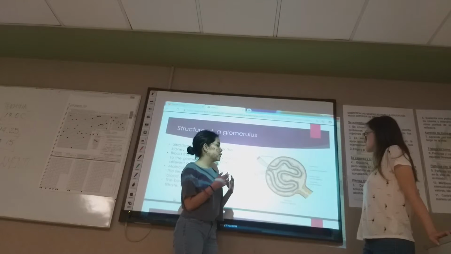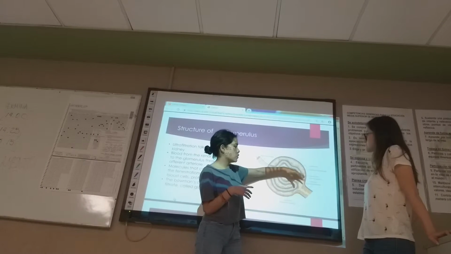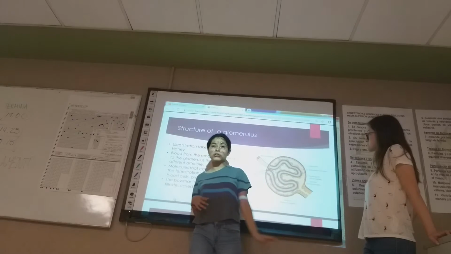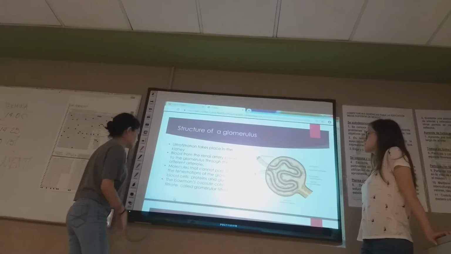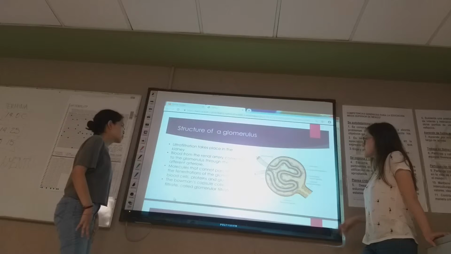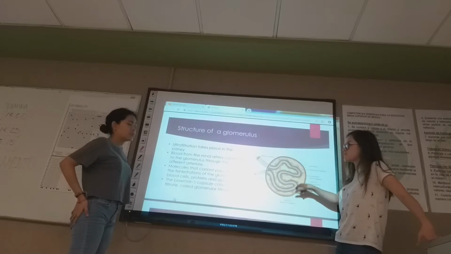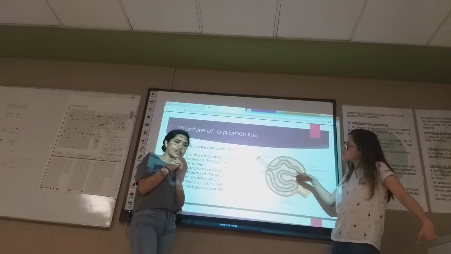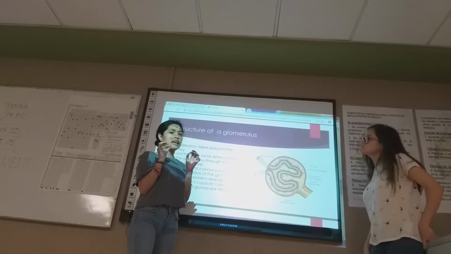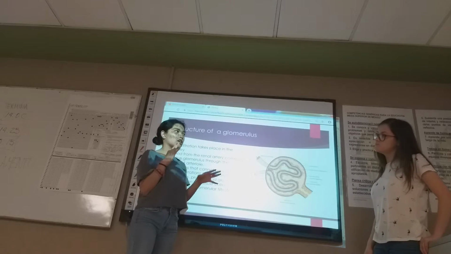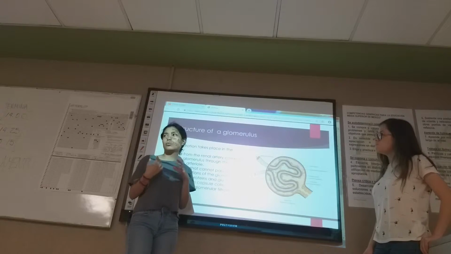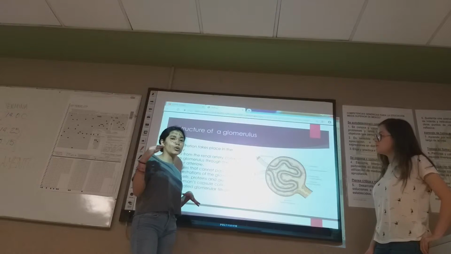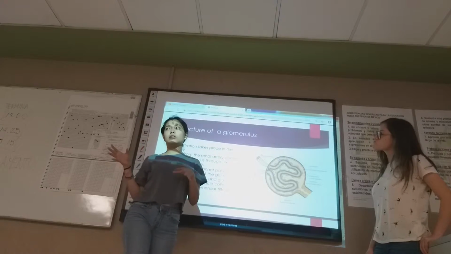So the glomerular filtrate will be captured by the Bowman's capsule and taken up to the proximal convoluted tubule. The molecules pass through the fenestrations, because remember that the labyrinth is like a mesh, and this mesh is used to filter all of the molecules that will make up the glomerular filtrate.